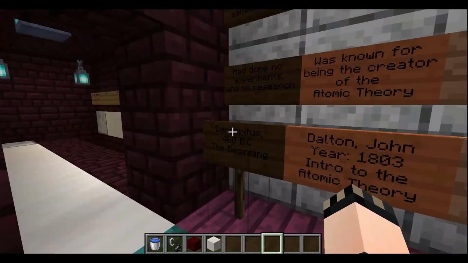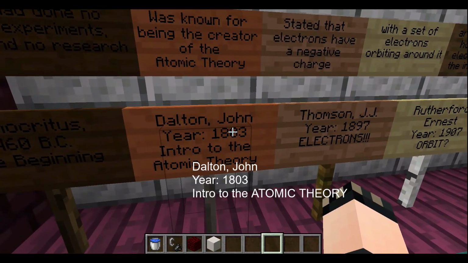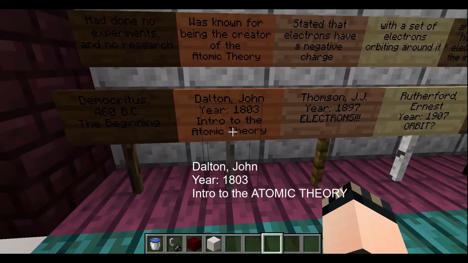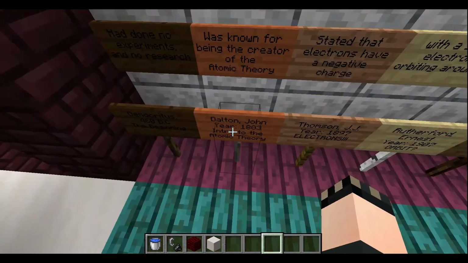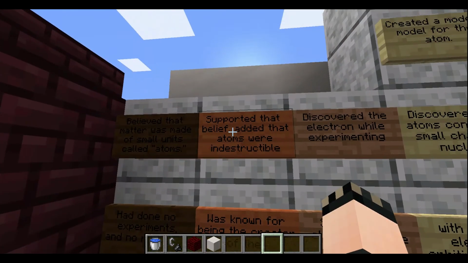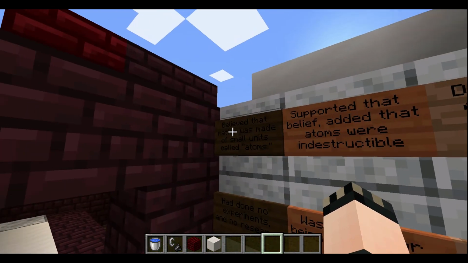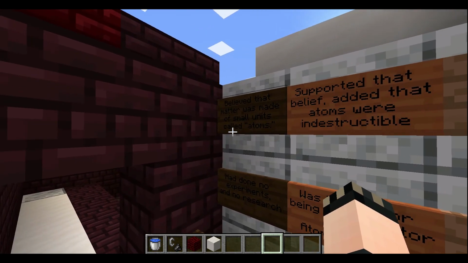All right, so many years later, 2,000 years later, comes in John Dalton in the year 1803, Introduction to the Atomic Theory. This man, John Dalton, he supported that belief. He supported Democritus, the belief that matter was made of small units called atoms.